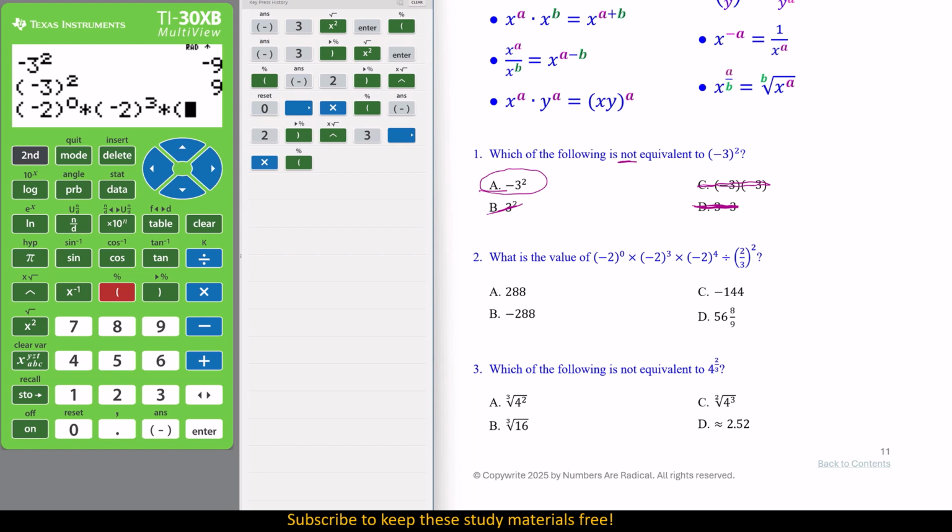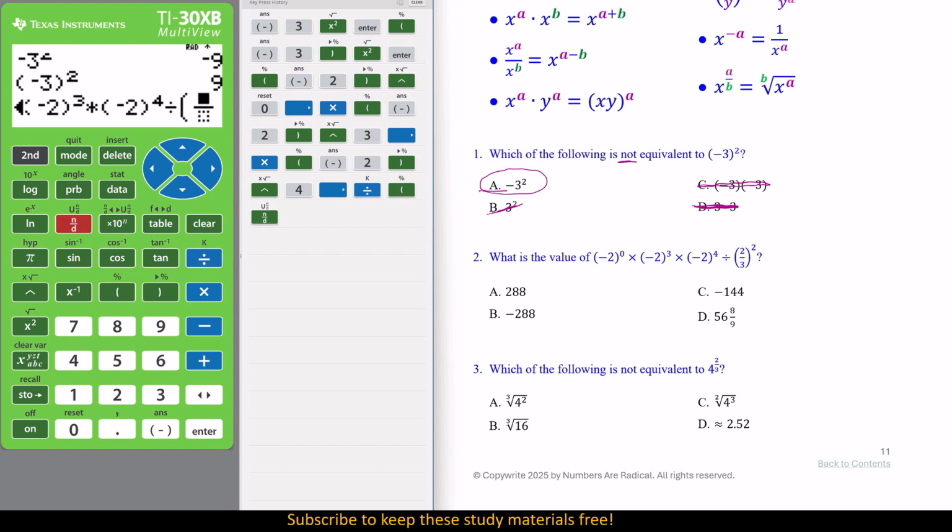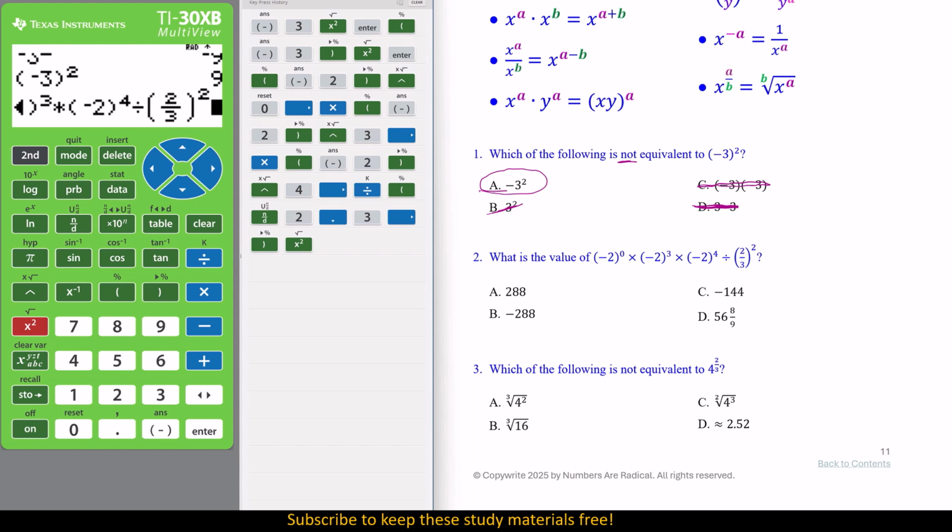Okay, we did that one now. -2, close it, and that's carried up to the fourth power, arrow over. Now we have to push our division, and we need parentheses, fraction 2 over the 3, go over, close it, and we can simply square that one.